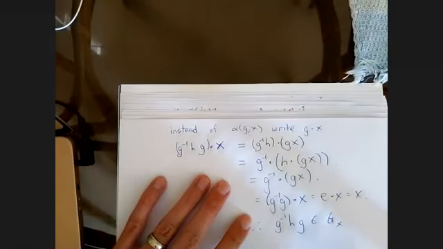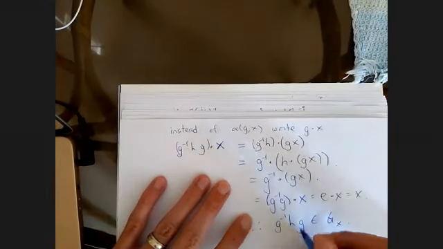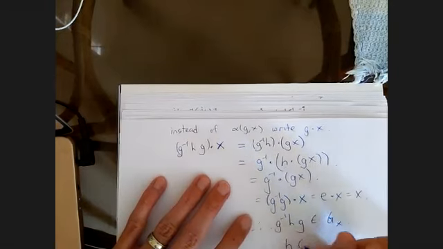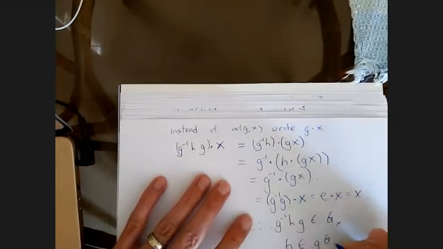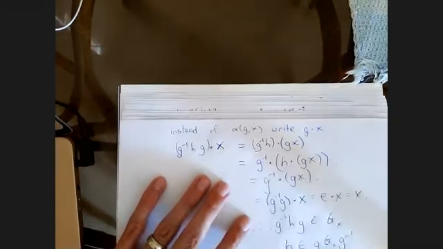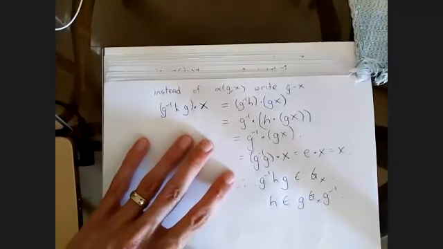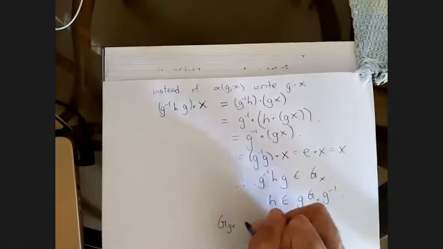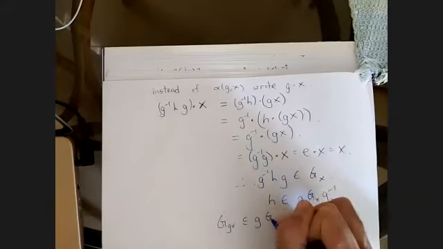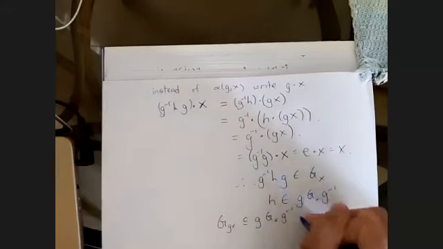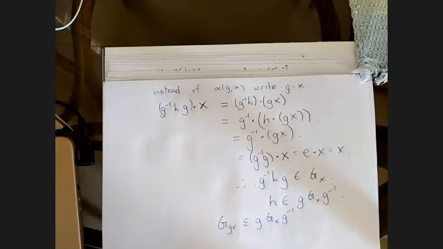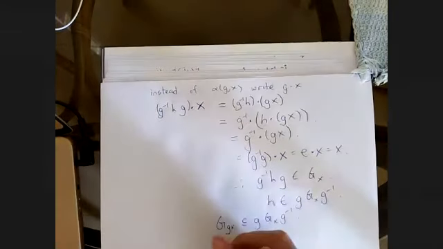In other words, if I multiply on the left by g and on the right by g inverse, we have h is in g G_X g inverse. So this shows that the stabilizer of gX is a subset of g G_X g inverse. And now there's a trick to show the reverse direction.